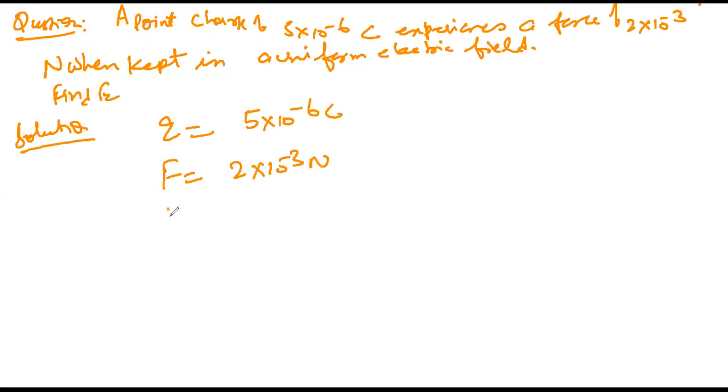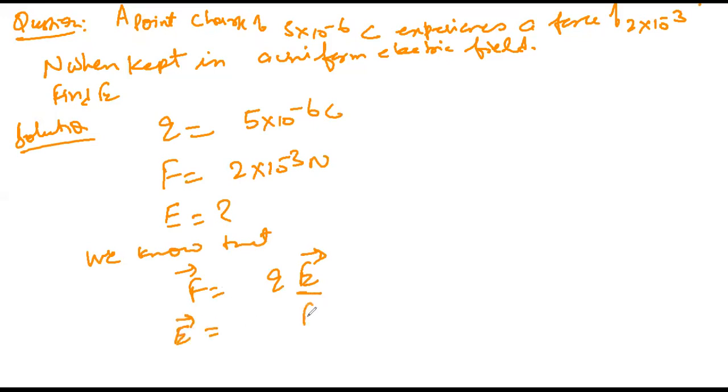What we have to find? E. Do you know the formula of E? Just now we have used it. We know that F is equal to Q into E. So E is equal to F divided by Q. Will you be able to finish it? Yes, sir. Do it.